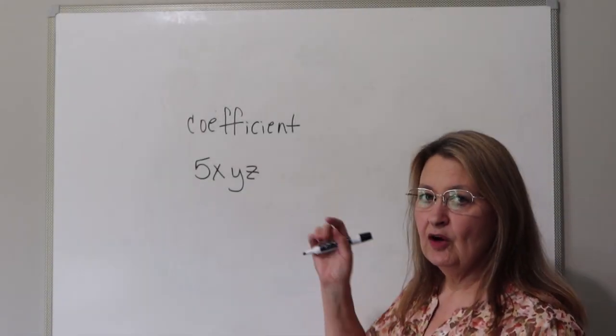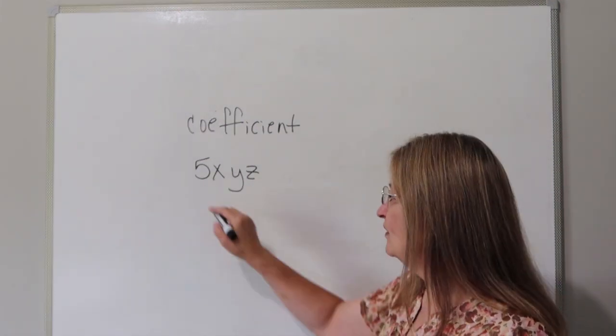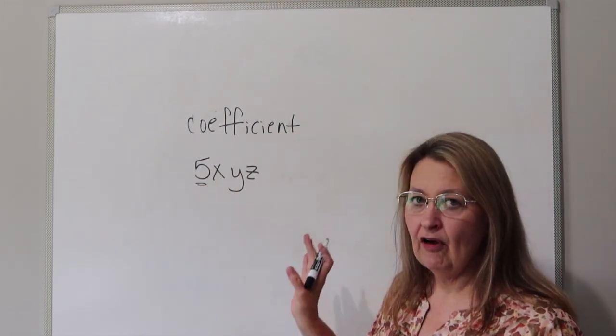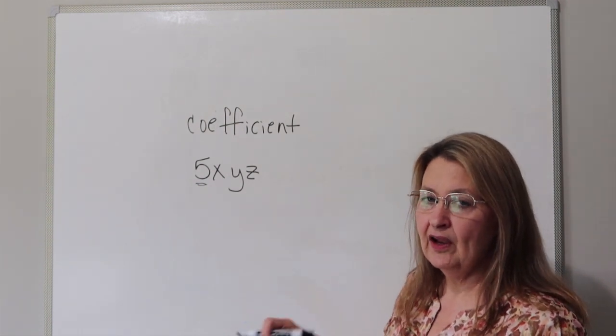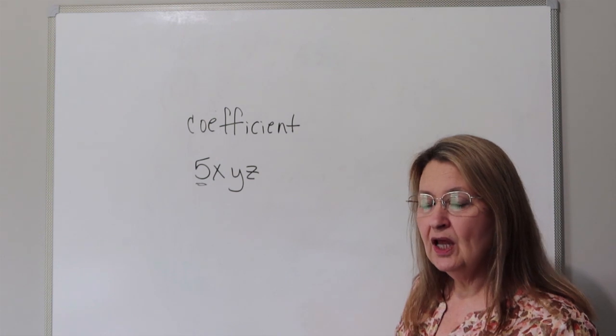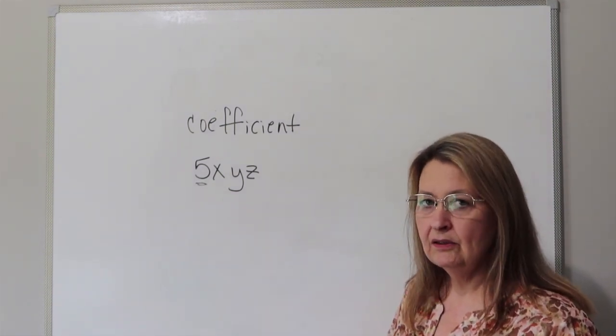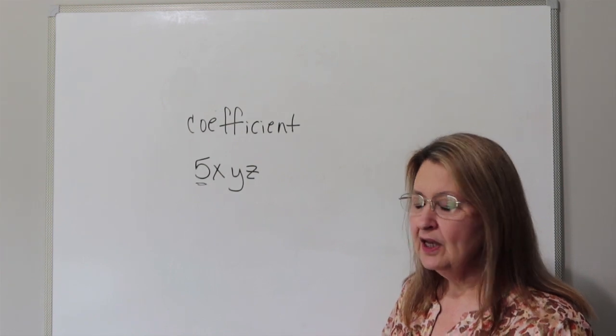Now let's talk about the term coefficient real quick. Usually when you say the term coefficient, we think the number in front of all the variables. Even if there's not a number there, it's understood to be 1. But technically, by definition, a coefficient is the product of the remaining numbers or variables or letters.